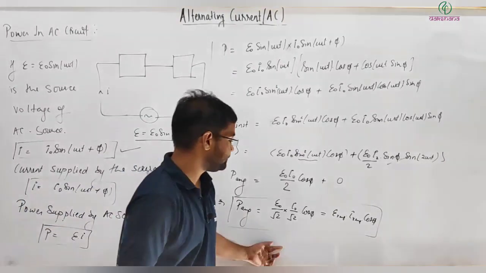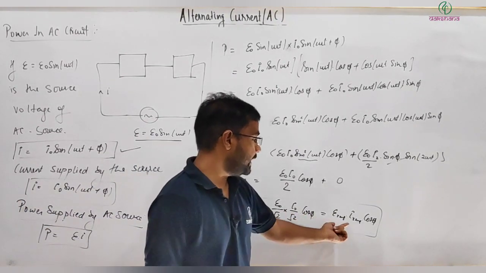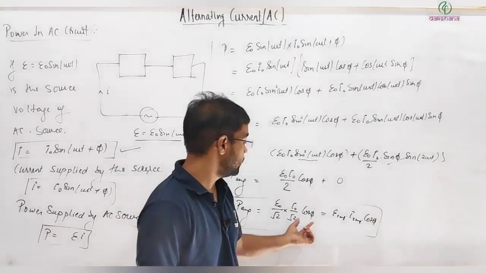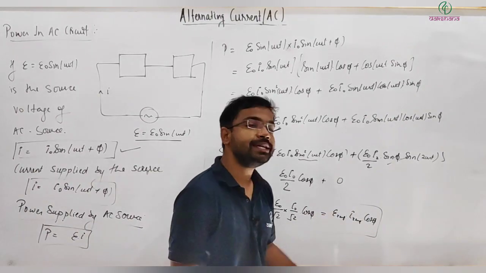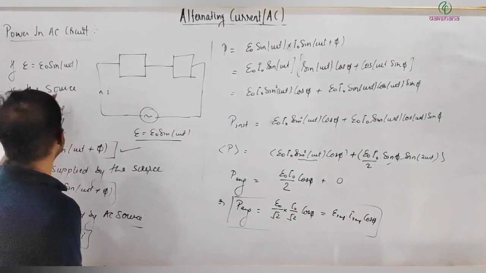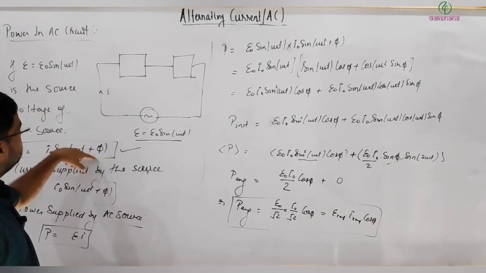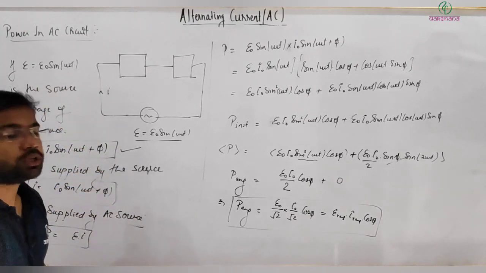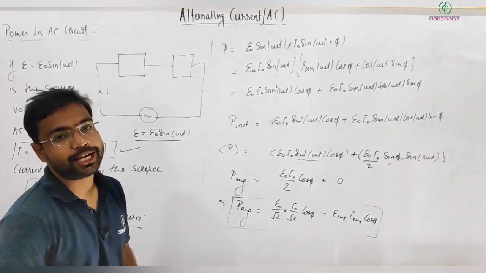Now remember that E RMS and I RMS we can calculate as peak value divided by root 2, into cos of phi. Phi is what? Phi is the phase difference between the source voltage and the current through the circuit.